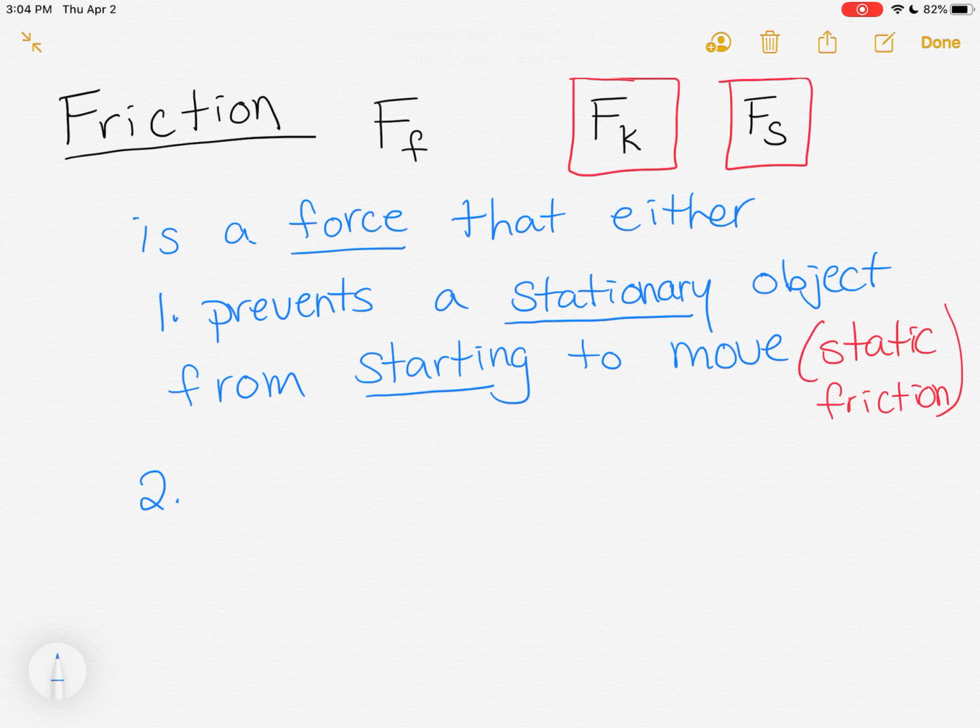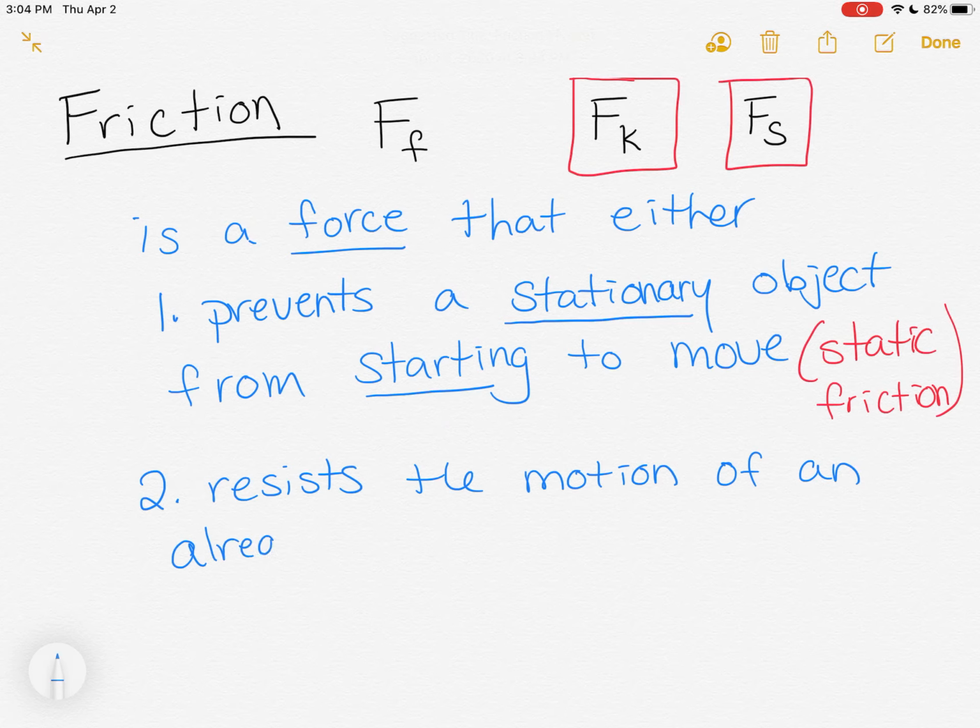Or friction is a force that resists the motion of an already moving object and slows it down.